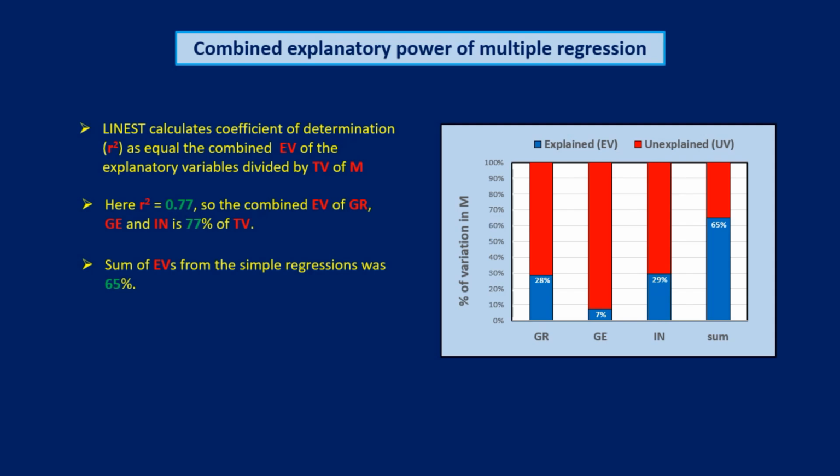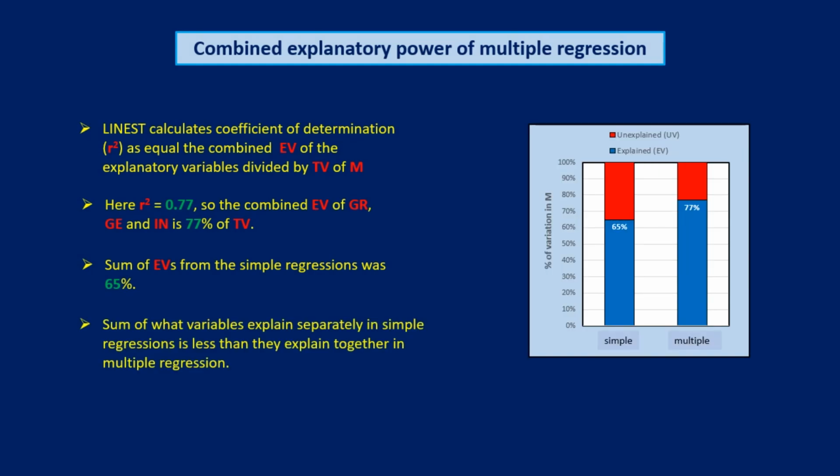The sum of what the variables explain separately in simple regressions is less than what they explain together in a multiple regression. This is the result of the negative correlation between GR and GE, which results in negative double counting of explanatory power. And the result of that is that simple regressions underestimate the combined explanatory power of the three variables.